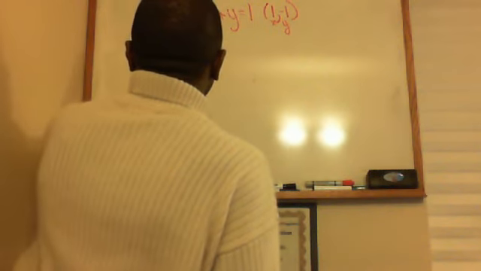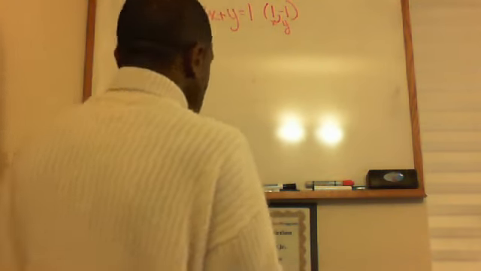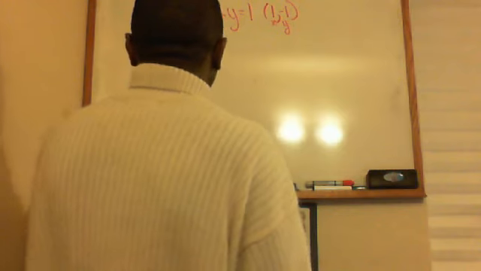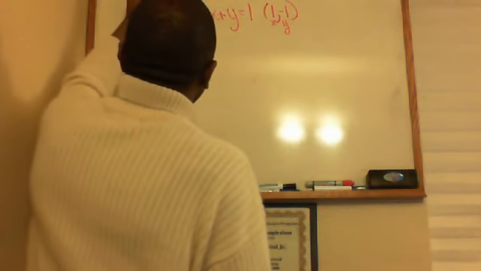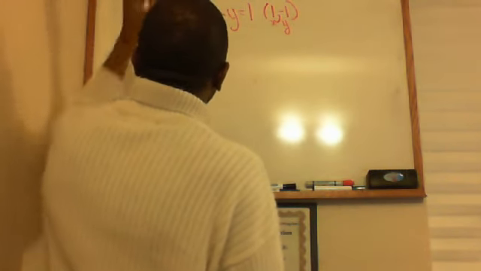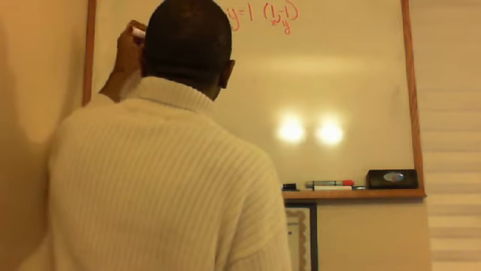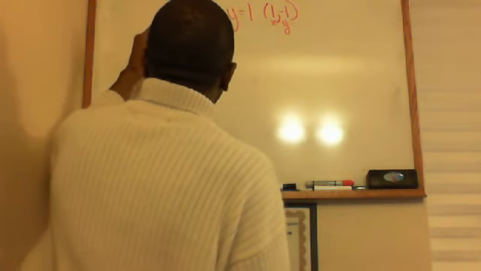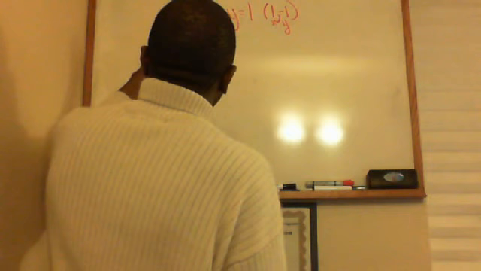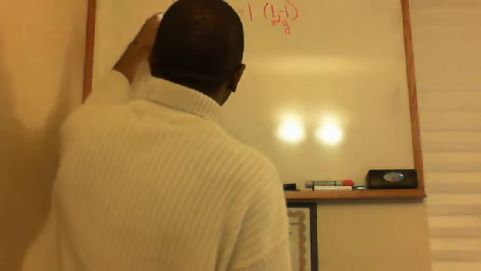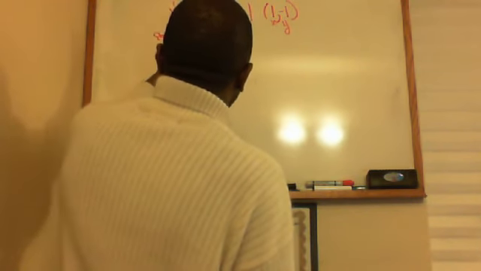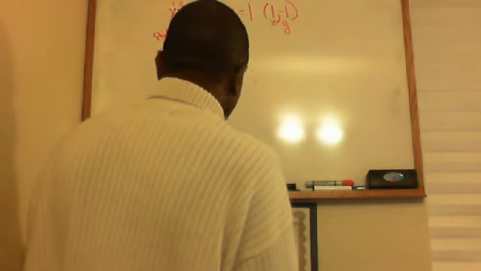The product rule states that I do the first times the derivative of the second, x times dy over dx, plus the second, which is y, times the derivative of the first, which is 1 in this case.